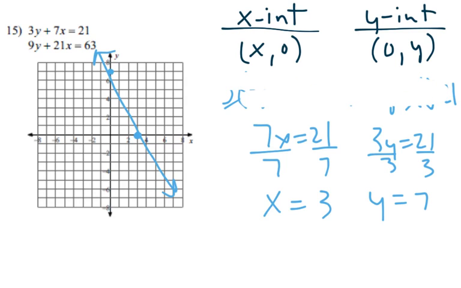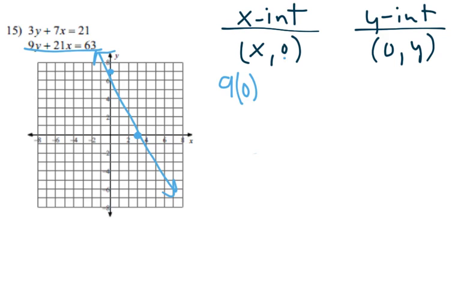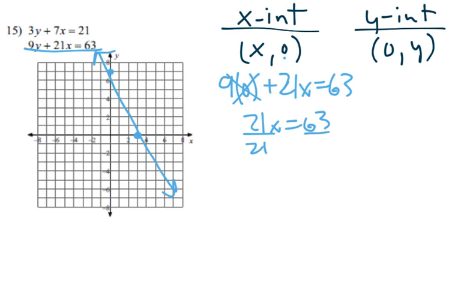Okay, now I look at this, erase my, and I do the same process for my other equation. Okay, so for the x-intercept, make the y 0, because that y is always 0. Keep the x, that becomes 0, so I get 21x equals 63, divide by 21, and x equals 3.